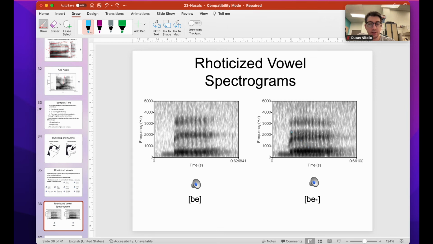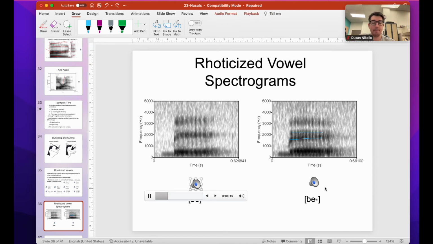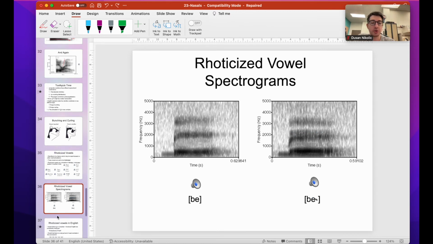So the F3 is basically sitting on the F2, unlike here where it's not, right? So, for example, bear, bear, right? So we can see that F3 is much lower and over there sitting almost on top of F2.